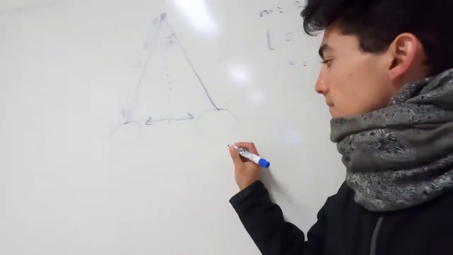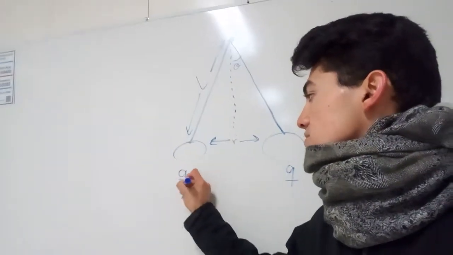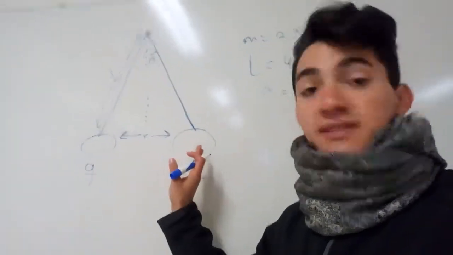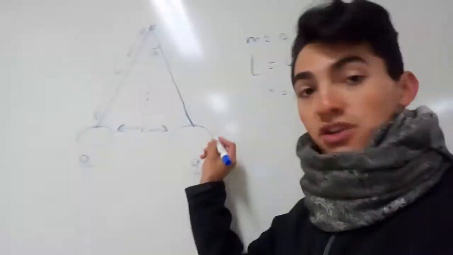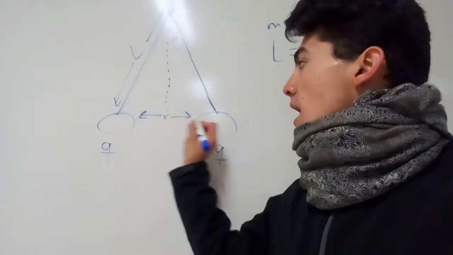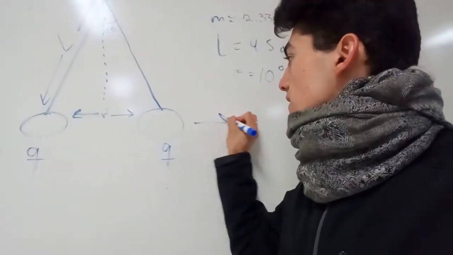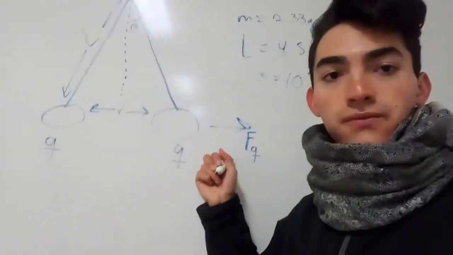So here we have that this sphere has a charge Q and this other sphere has a charge Q. We're going to work with only one side to do it easily. Besides this charge Q, as they are repelling, there is a charge force.